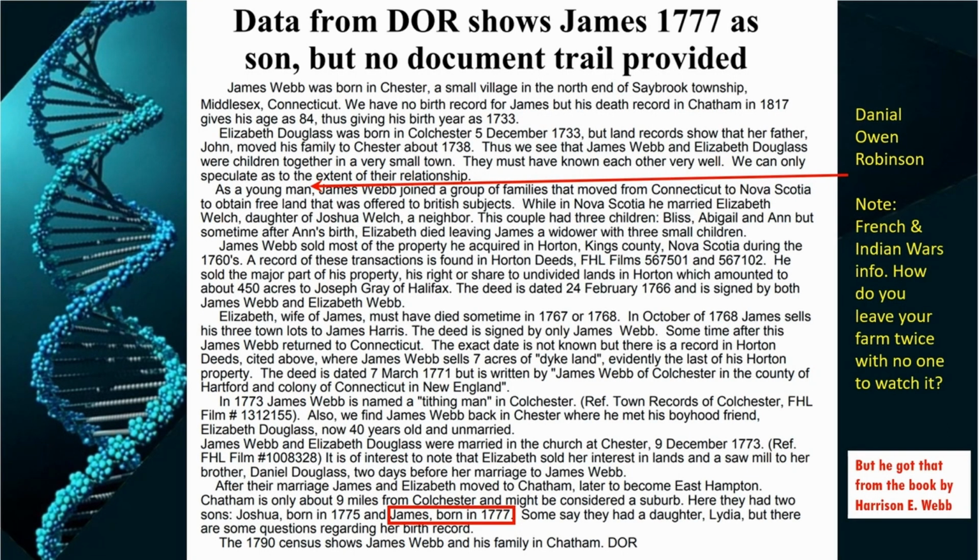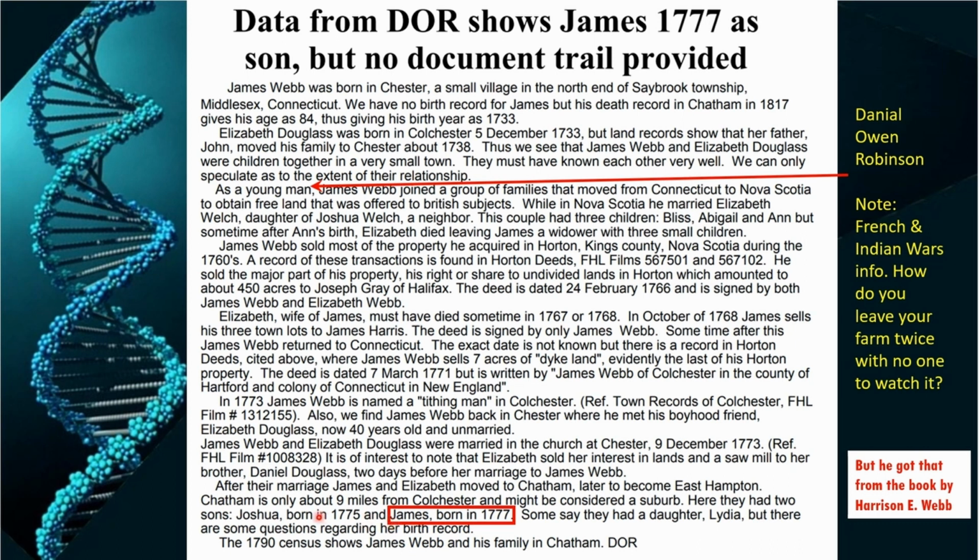There was a very good researcher, Daniel Owen Robinson, and he was a good researcher, digging up wills, records, deeds, and he had quite a bit of data. And you can pause this if you want and read it. I'm not going to read it all to you. I'm just going to go through two small points. The last point will do how.